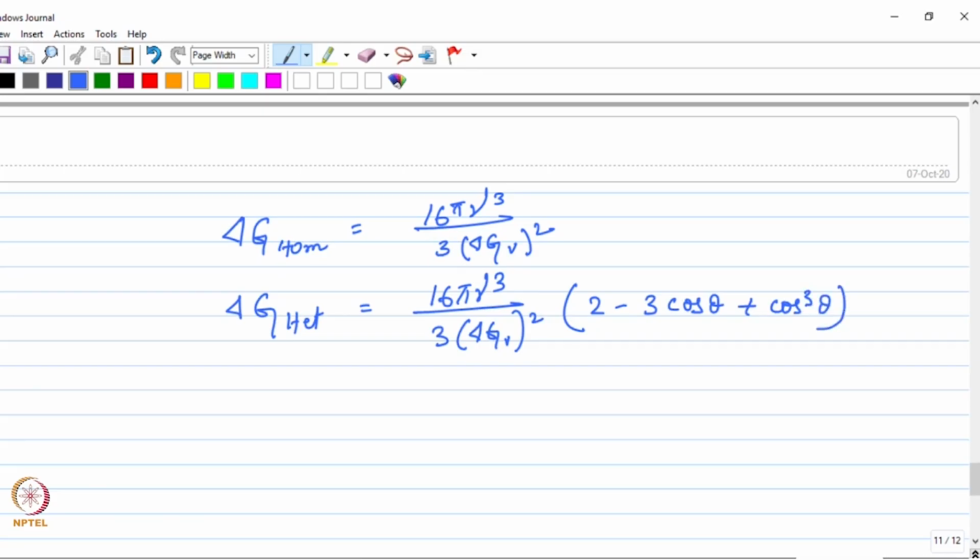Right? So from here you can easily see that for small contact angles, delta G heterogeneous is going to be much smaller compared to delta G homogeneous, right?